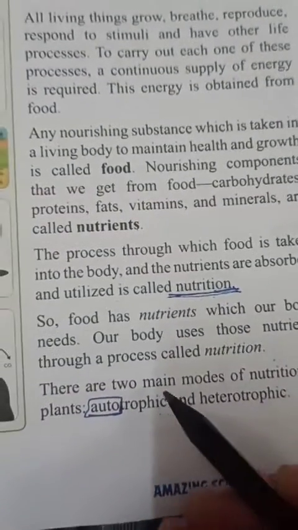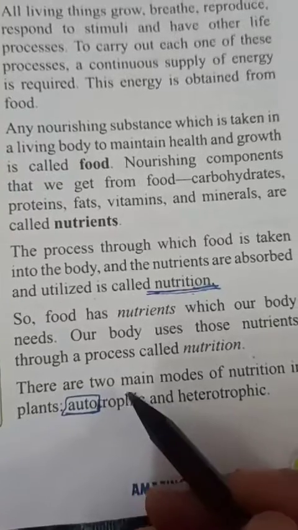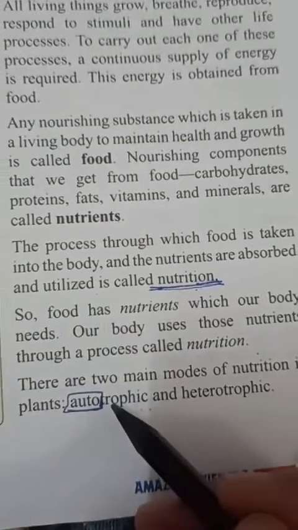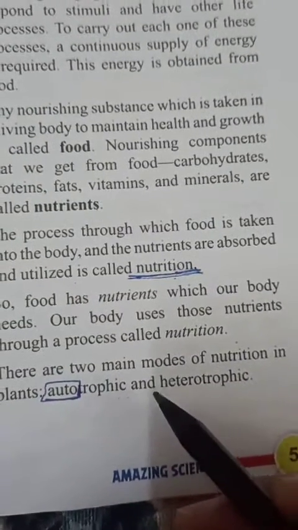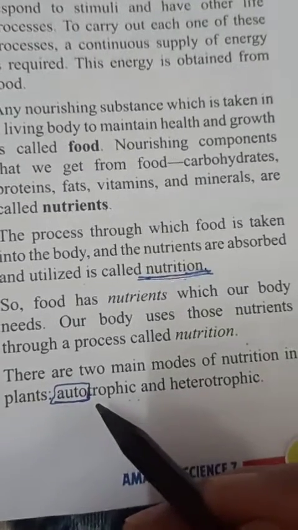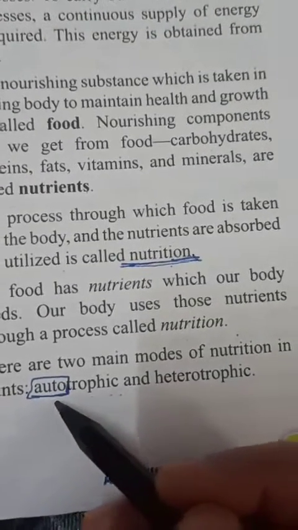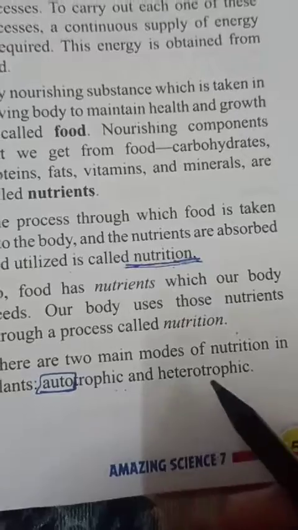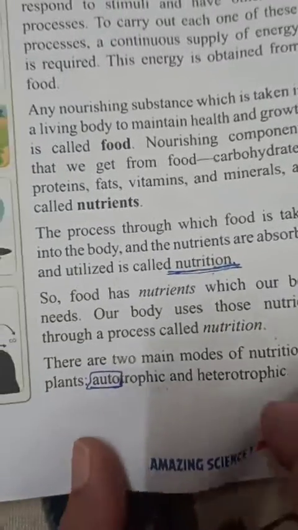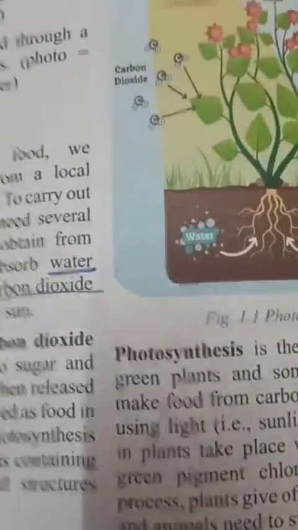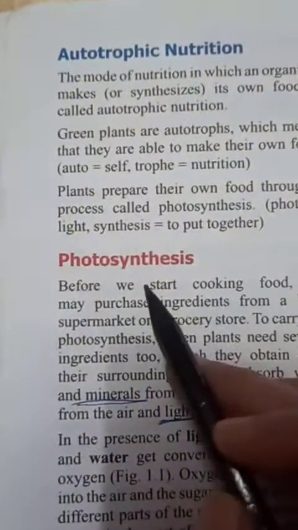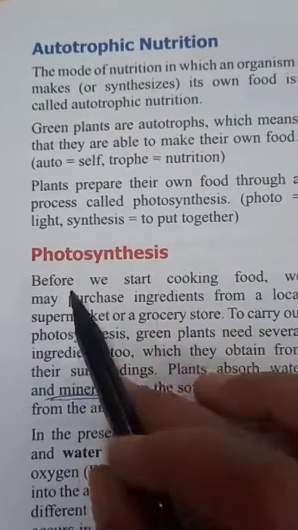We have studied nutrition in two categories, which means this process of nutrition is of two types. First is autotrophic and second is heterotrophic. Under autotrophic nutrition, we have studied photosynthesis in detail.